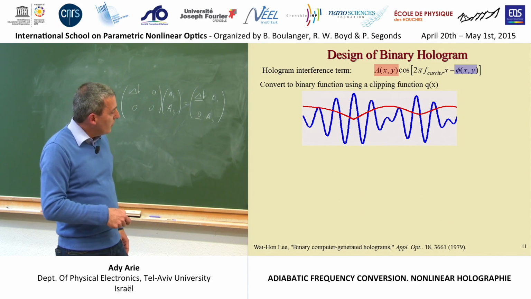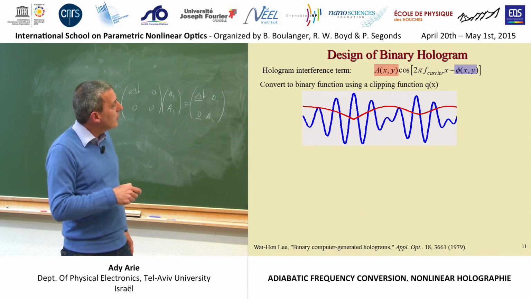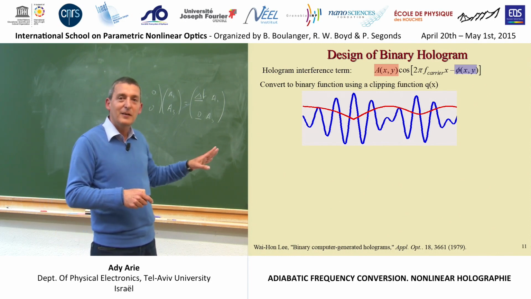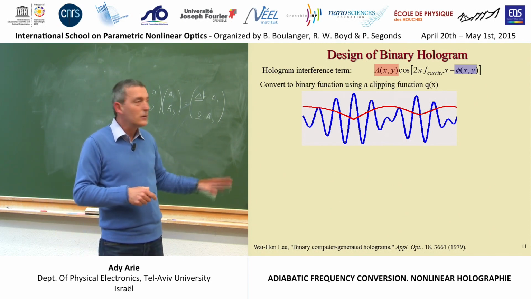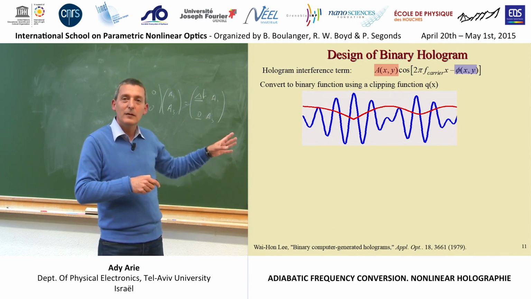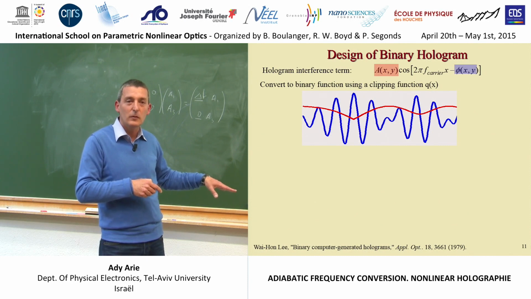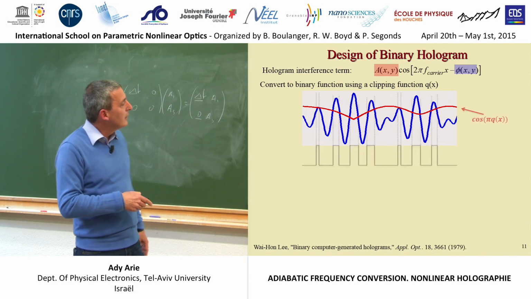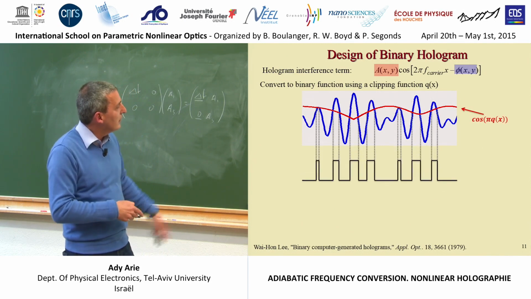So this guy, Ray Honley, came up with a smart idea for how to find the clipping function that will also maintain the amplitude information. If we are above this red line, we will give it a value of 1. If we are below it, we'll give it a value of 0. And how to find this clipping line? Okay, so this is the idea.